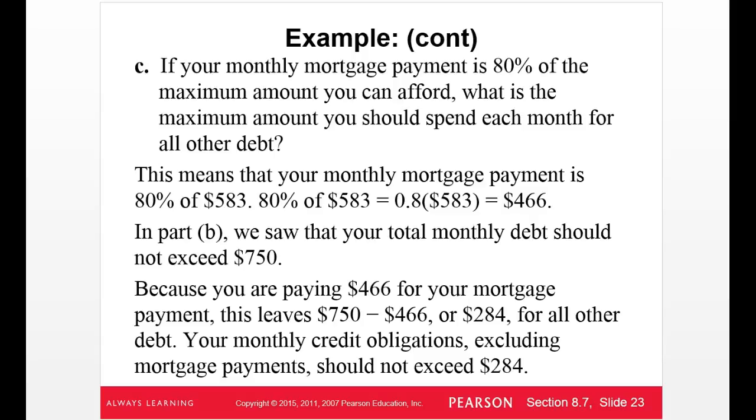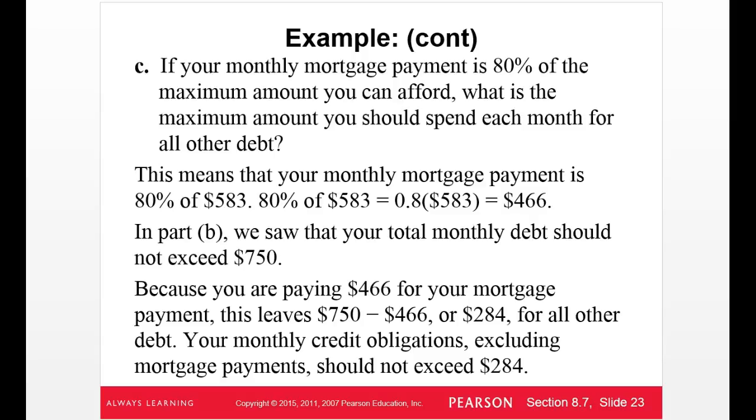All right. Well, then what can we spend on other debt, like credit cards and a car payment and other monthly expenses related to debt? So we take that 750 we got in the last problem, subtract the 466, which is all we're spending for our mortgage, and we get 284.